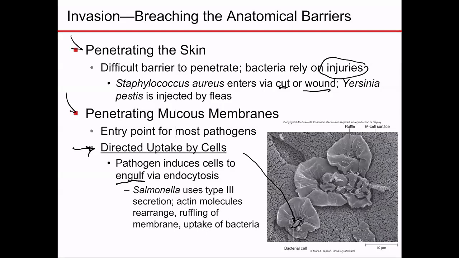And they will do this by a set of proteins that the bacteria produce that interact with that epithelial cell, and then produce a rearrangement of the cytoskeleton of that epithelial cell, and this ruffling of the membrane finally uptakes that bacteria into the cell.